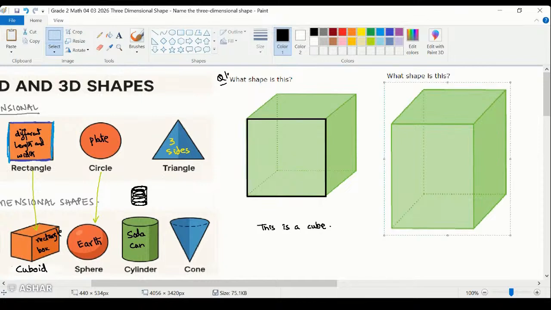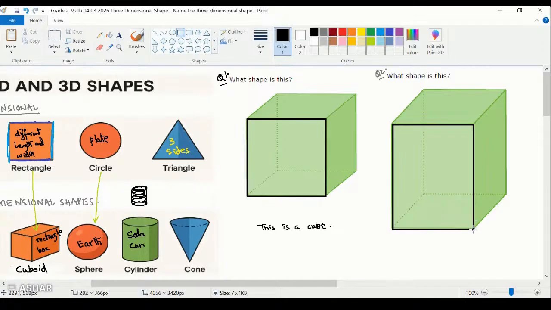For question number 2, the front face of the box is not a square, it is a rectangle. What is the shape?